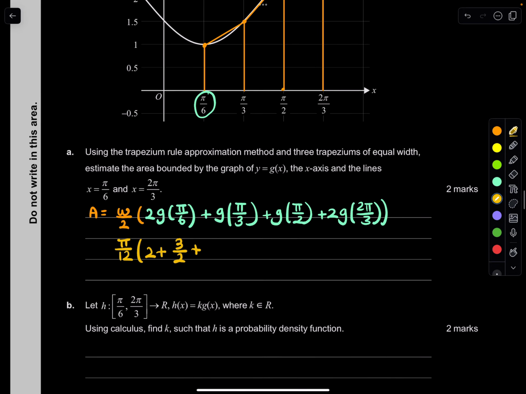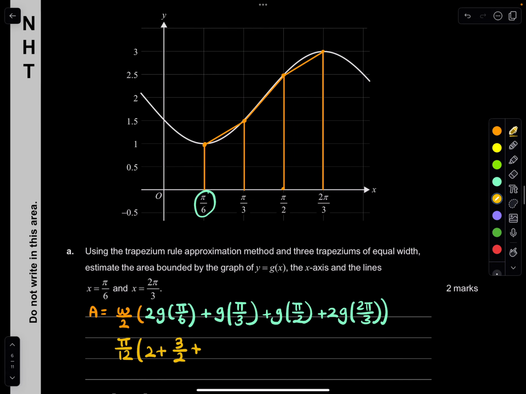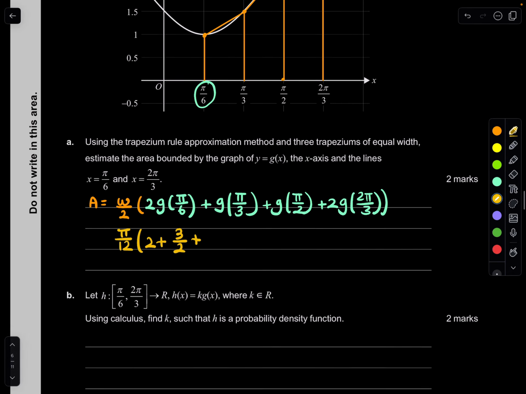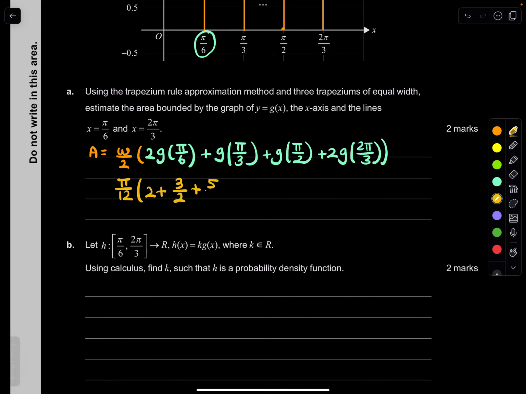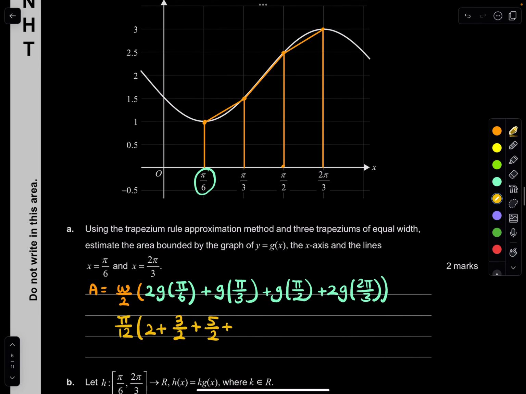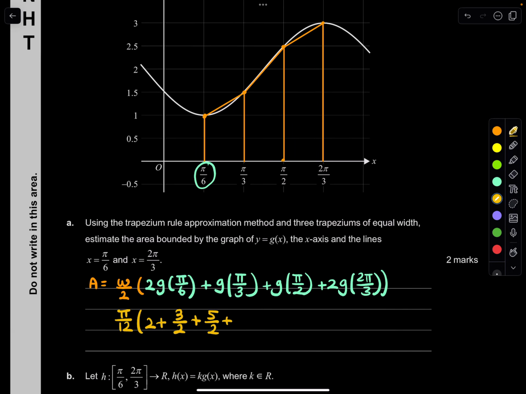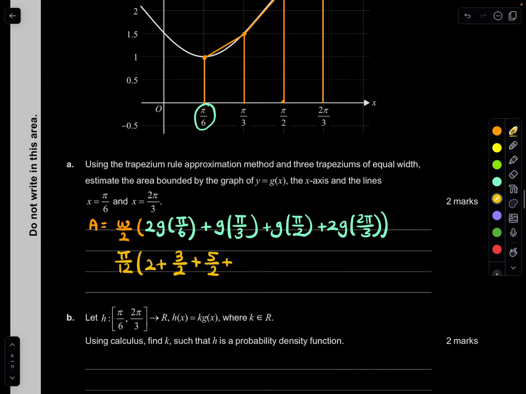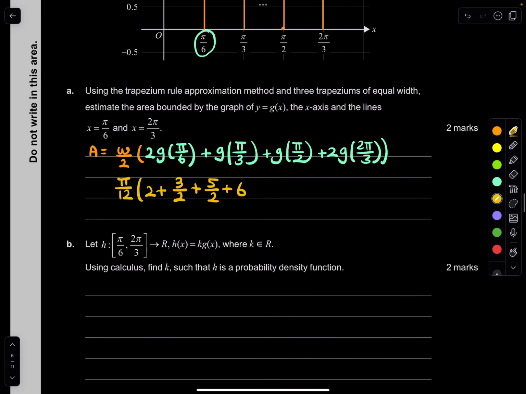Plus g of pi on 2, which is 2.5, which is 5 on 2. Then g of 2 pi on 3, which is 3, but you double it, which is 6. And that is it.